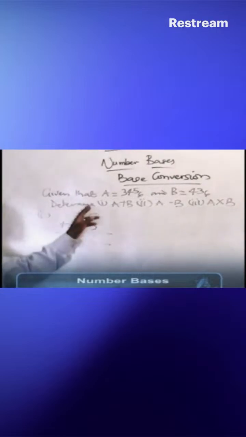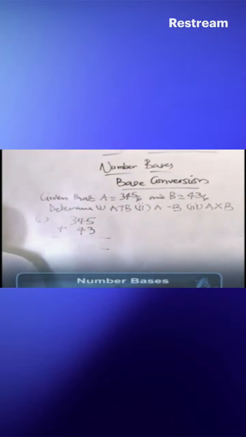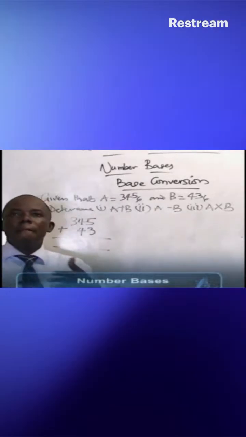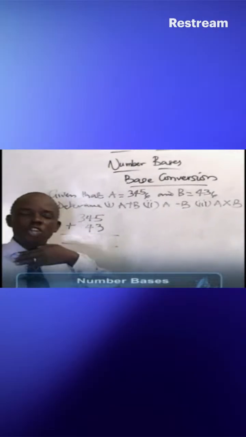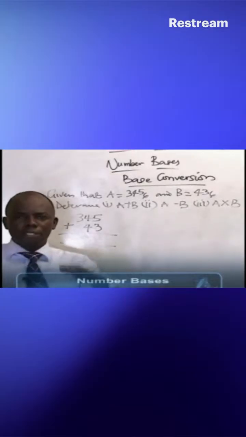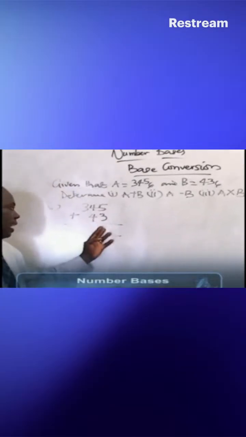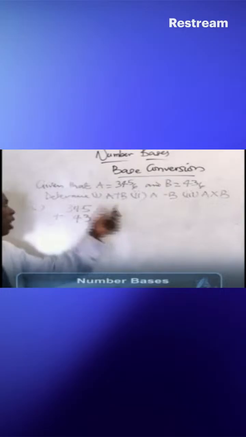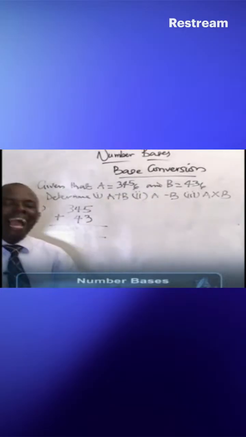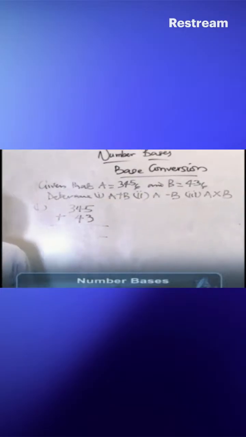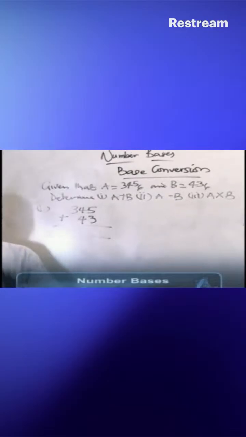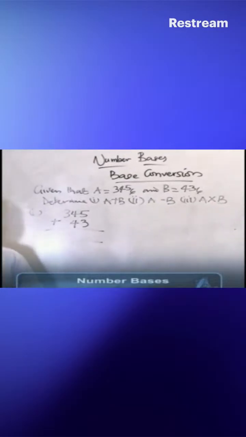If I add 5 plus 3, ordinarily, in regular, normal operations, all I will just do is write 8 here. But because I'm dealing in base 6, I cannot do it.